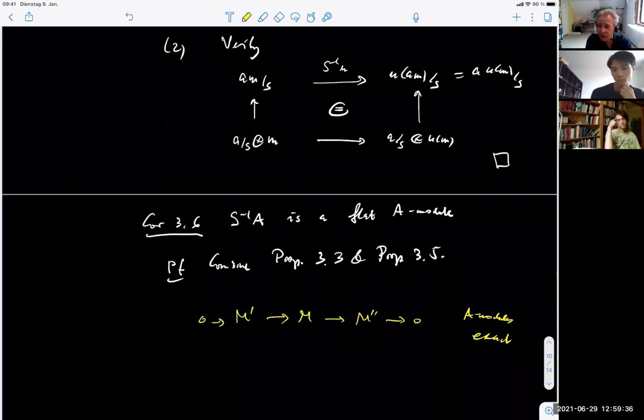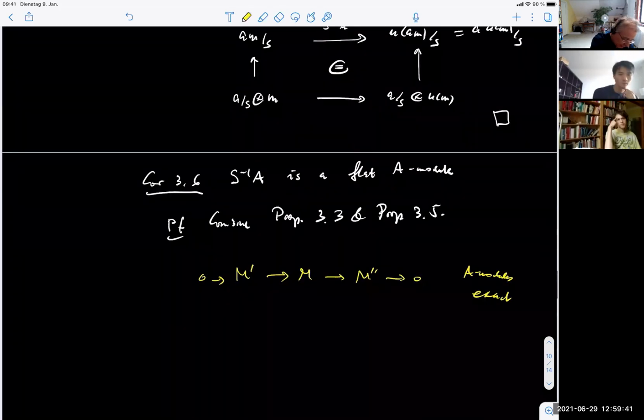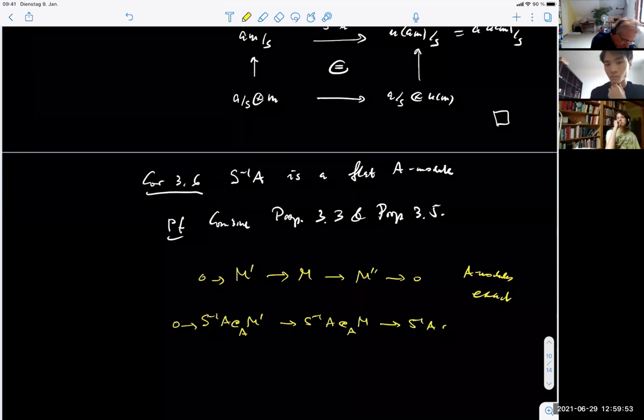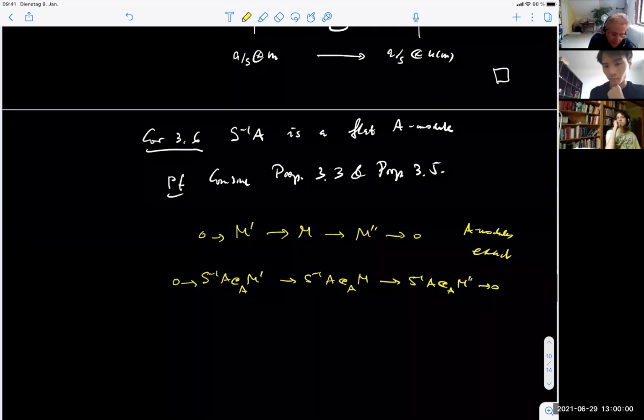Short exact sequence of A modules. Now, what I have to do, I tensor. Okay, I form this sequence. It's a lot of writing. I get this sequence. Okay, this is a sequence of A modules.